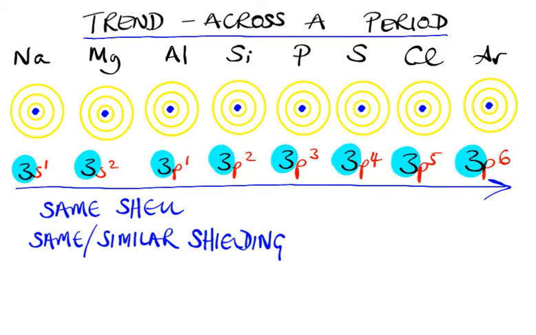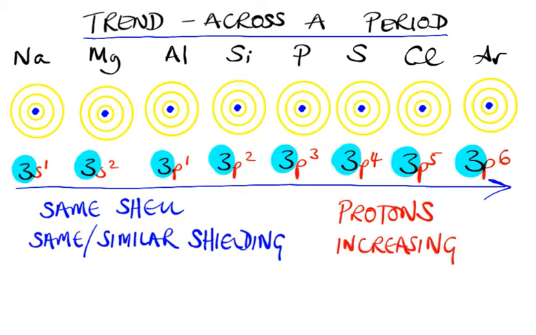So what is changing each time? Well, as we go from sodium through to argon, for each element the number of protons is increasing. So the nuclear charge is increasing, but we're removing an electron from the same shell.